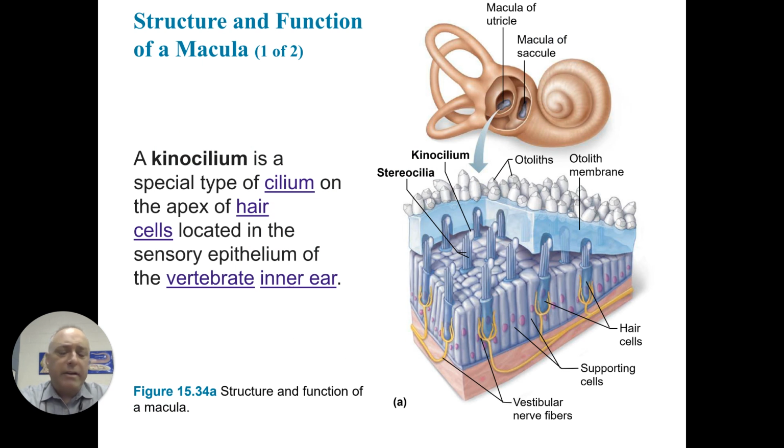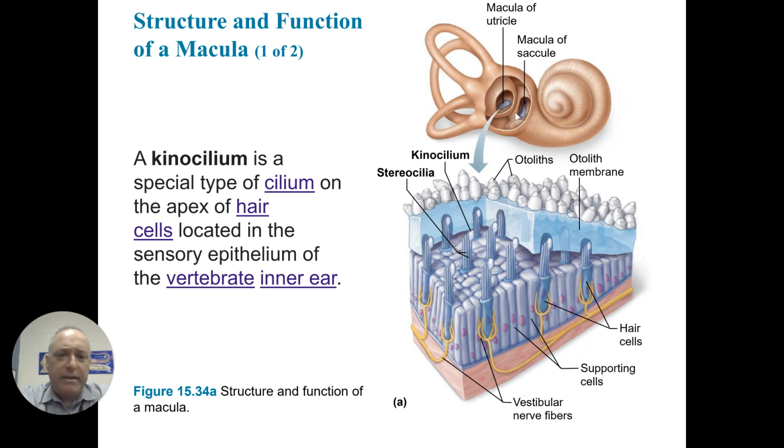Now the macula, not to be confused with the visual macula, but there's a macula in the inner ear. So there's a macula of the utricle and a macula of the saccule.